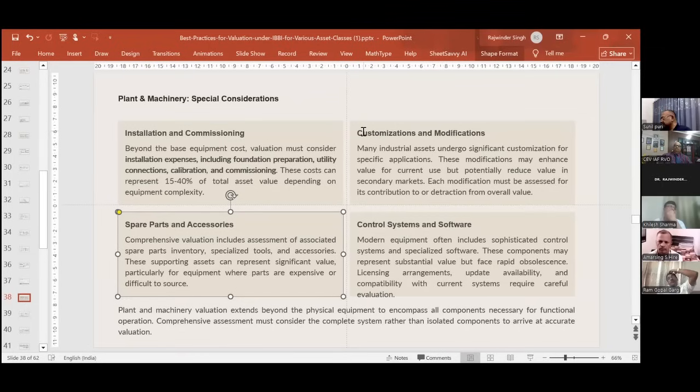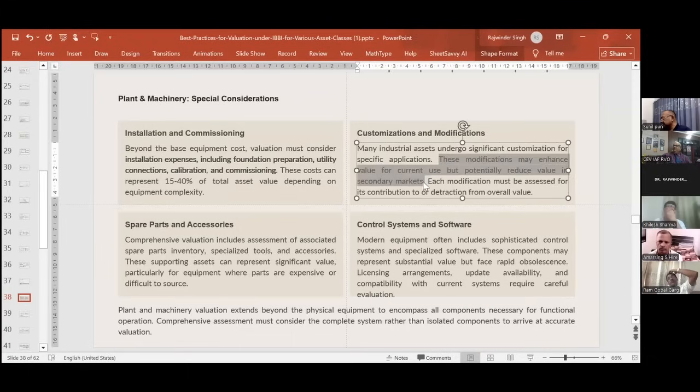These modifications may enhance value for current use, but potentially reduce value in secondary markets.